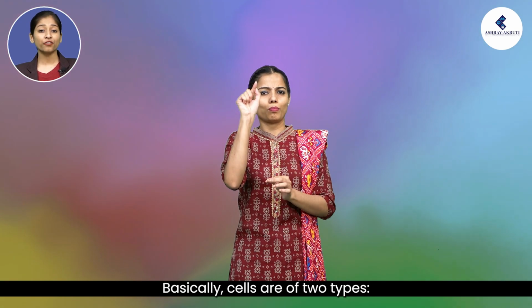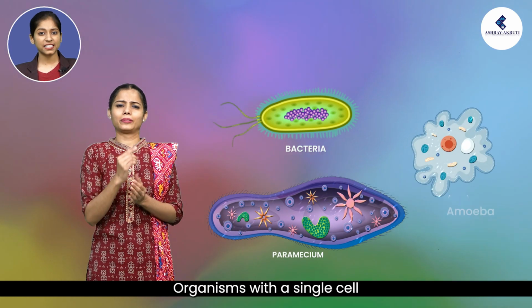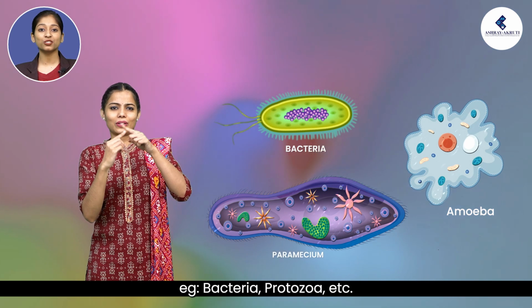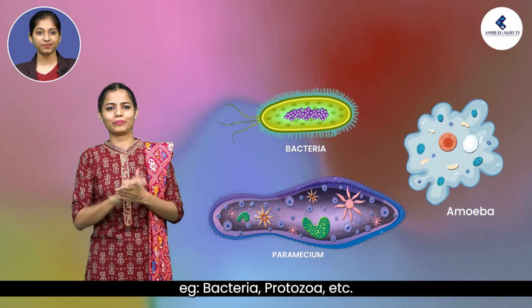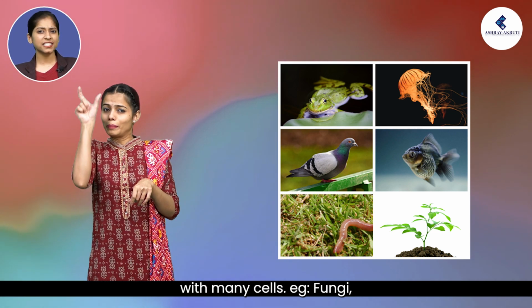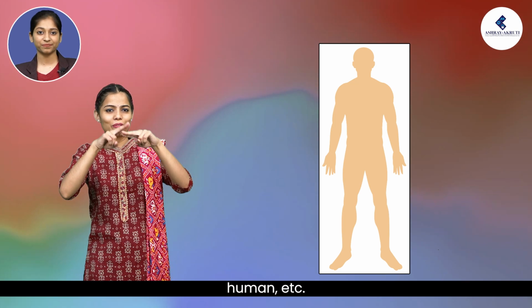Basically, organisms are of two types: unicellular organisms with a single cell, for example bacteria, protozoa, etc. Multicellular organisms with many cells, for example fungi, humans, etc.